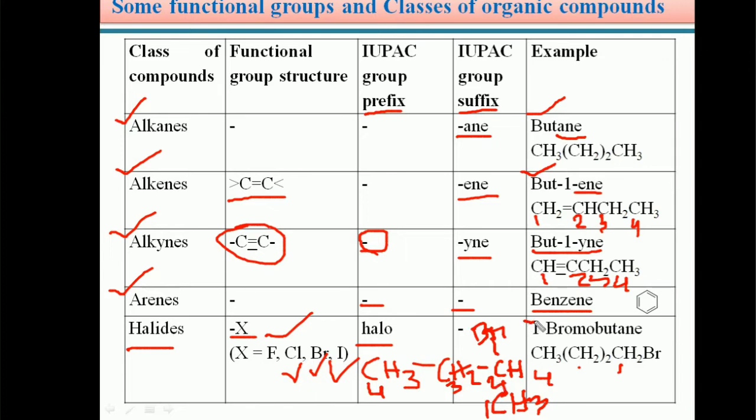In the 1-bromobutane case, bromine is a substituent on the first carbon of the parent chain.